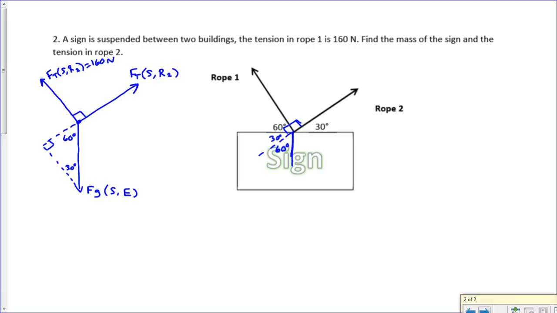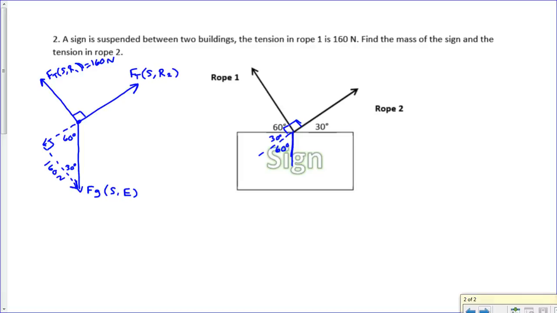The tension in rope 1 is 160 newtons. Sorry, I just noticed that that's not a 1, so I should fix it. This is rope 1. It's 160 newtons. If you look at this picture, you have to try and see this, but the thing that goes along with that 160 newtons is actually this side of the gravitational force.